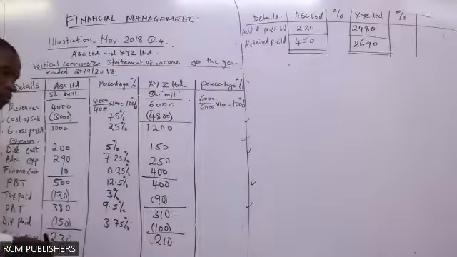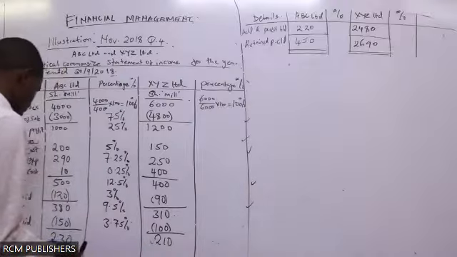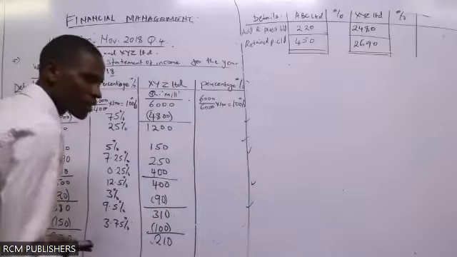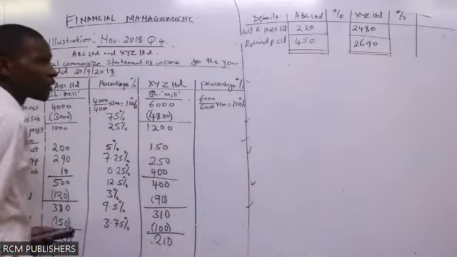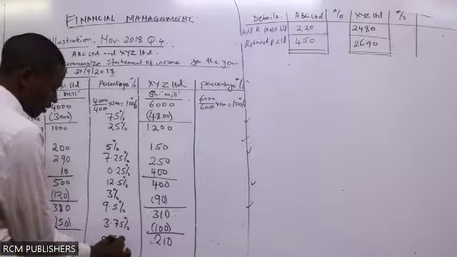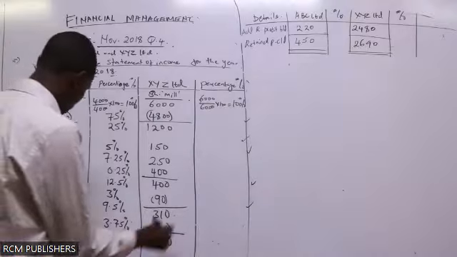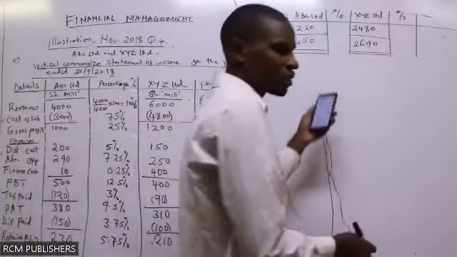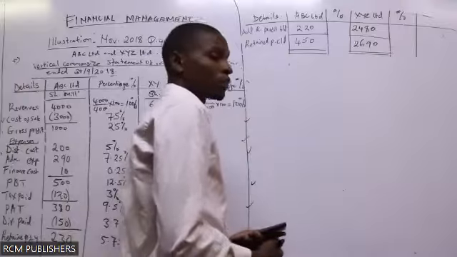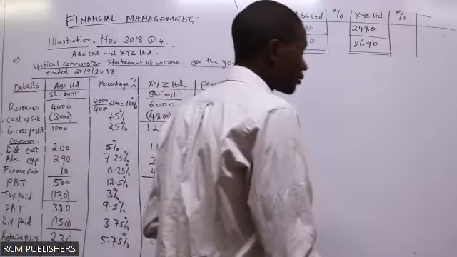Retained profit ilikuwa ngapi? Percentage ngapi? 230 over 4,000 times 100. Get that. Then we go to our profit. 5.75%. Then 220, of course, itakuwa around there. Maybe at 4.9 ama ngapi?